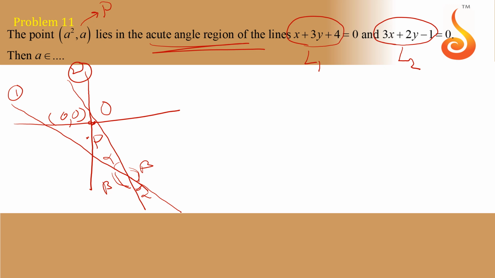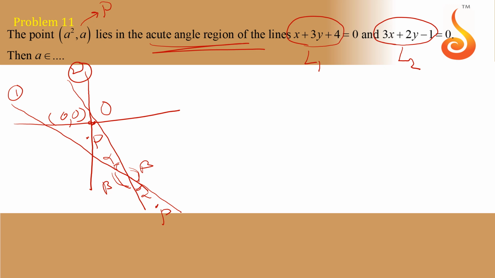But I said it is in the acute angle, so P can be here also. Means the origin is in the alpha angle here, but point P is in its vertically opposite angle. In that case, observe, the origin and P are on opposite sides of line 1, and automatically on opposite sides of line 2 also.